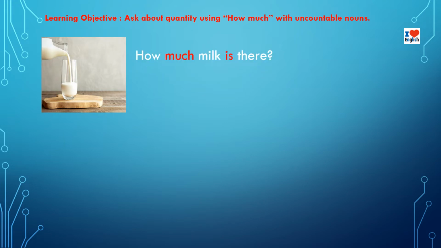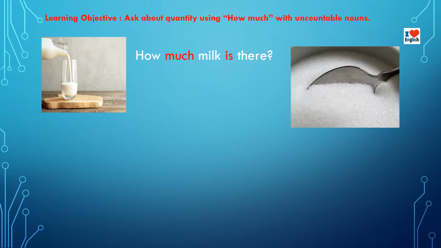If you notice here, we use much with milk, as we know that milk is an uncountable noun, and also we use is in the singular form. There is some milk.